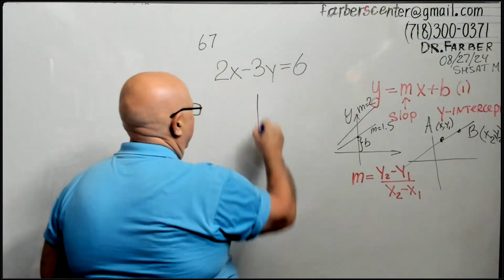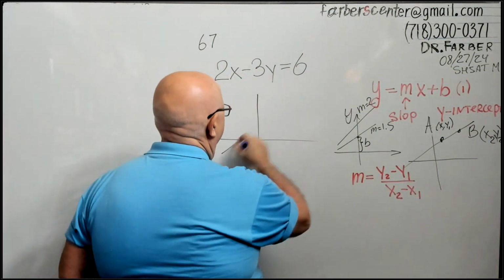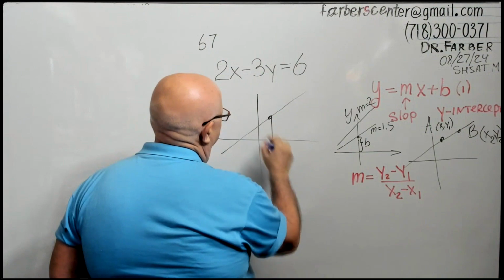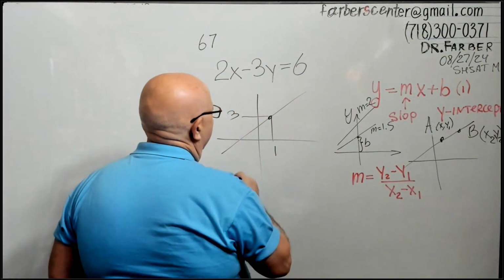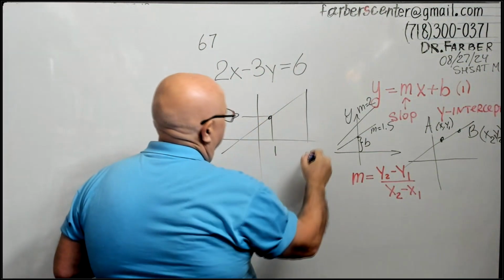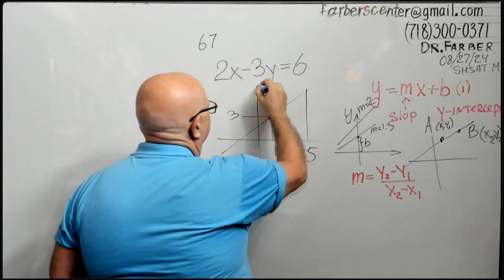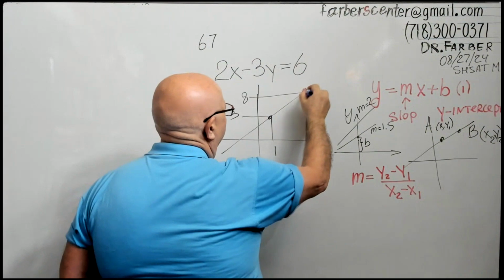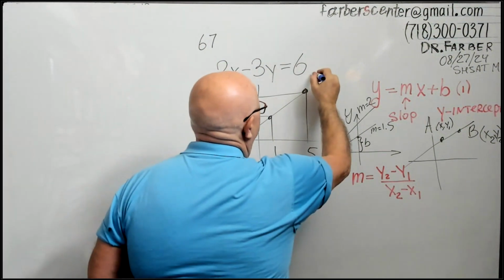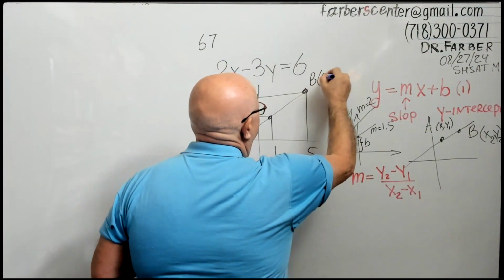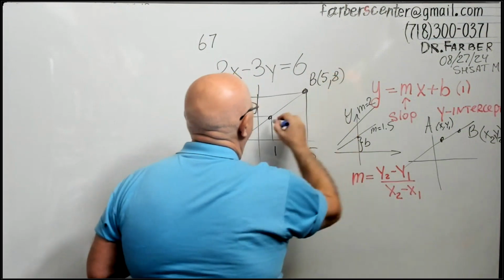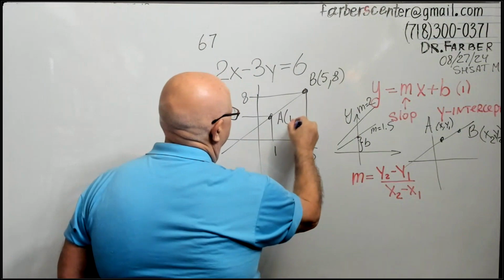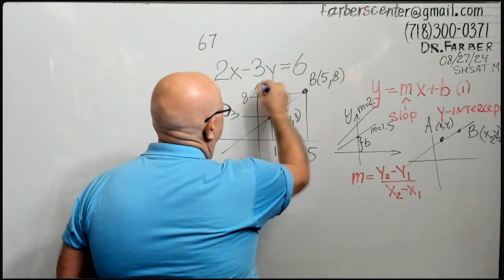For instance, I give example. I have a line, and this is, pretend, 1, and this is 3. And this, let's say 5, and this is 8. So this point is B, (5, 8), and this point A is (1, 3). How to find slope?